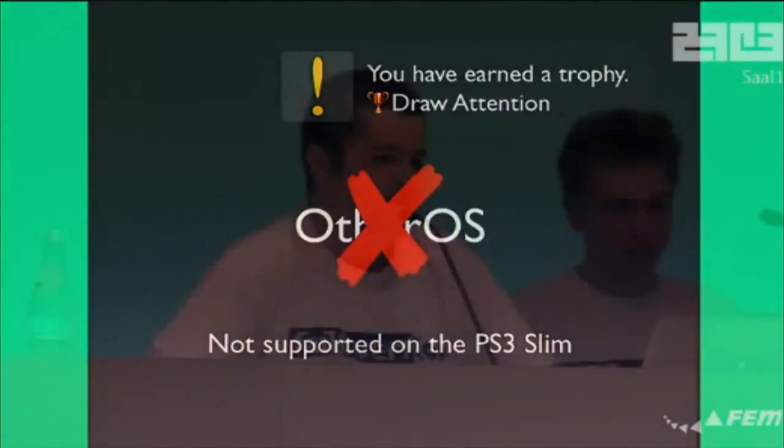Because now people are going to start looking at your system, and we know now that there's no technical reason not to have Linux on the PS3 Slim. So it was either marketing or some kind of boss somewhere said we don't want Linux, or we don't want people running their own code, or we don't know why. But they definitely drew people's attention with this, and now people started trying to hack into the PS3.